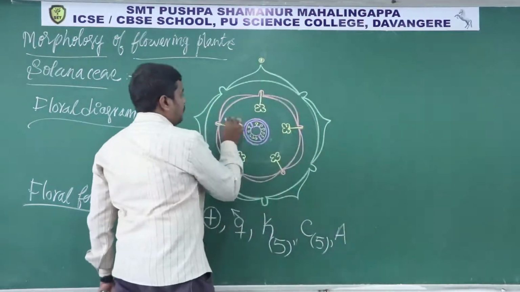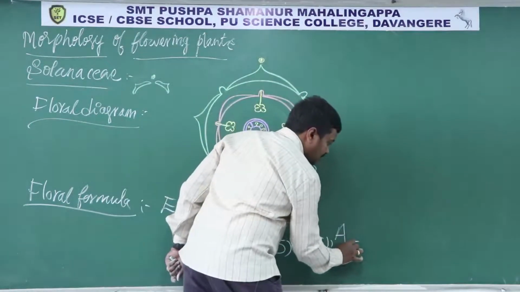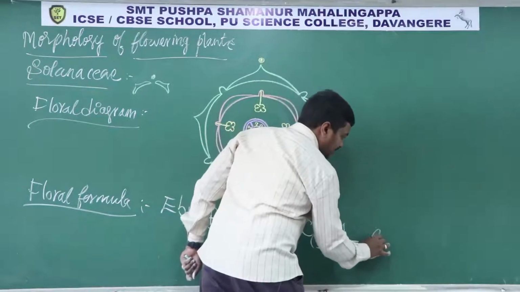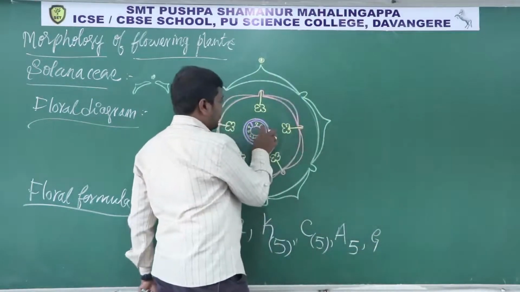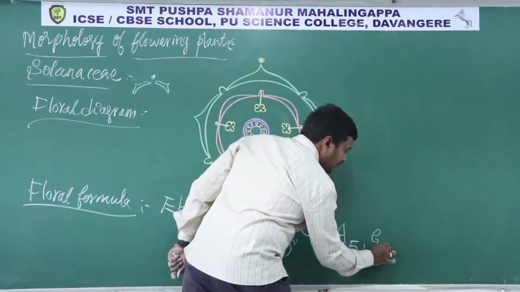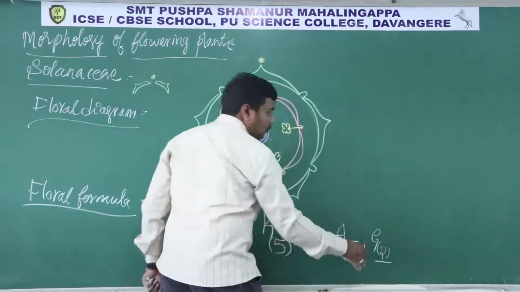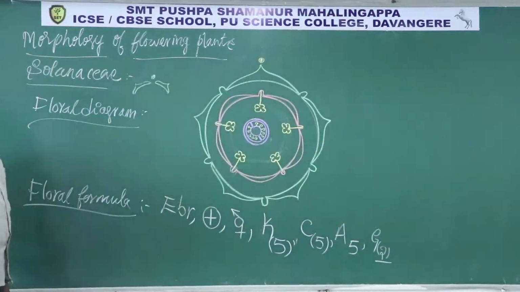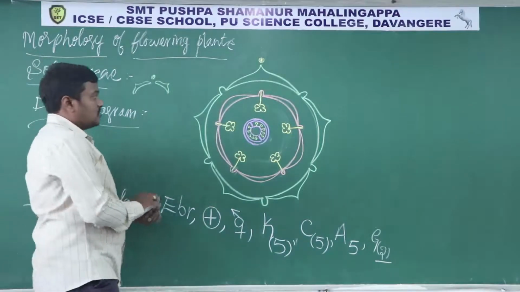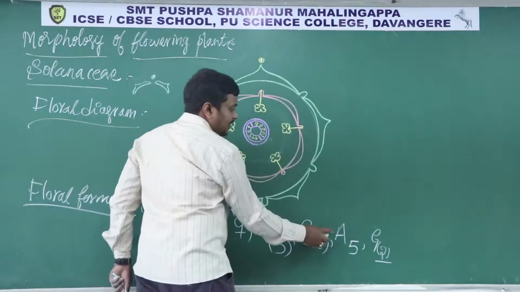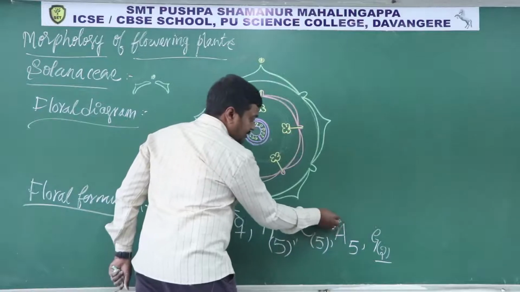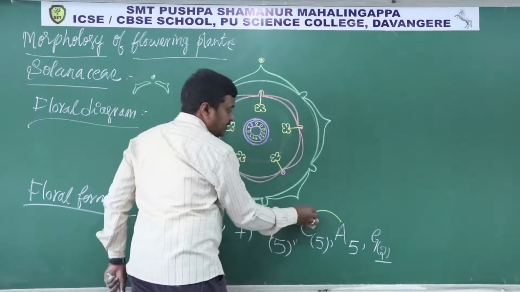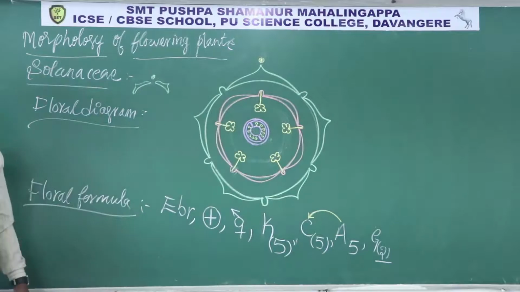Androecium 1 2 3 4 5, stamens 5. Then Gynoecium, 2 carpels, this one carpel, this one carpel, so 2 carpels, syncarpous, superior ovary. Along with that, Androecium has one peculiar character. So here Androecium is attached to petal, that can be shown by putting a bent arrow mark. Okay, so this is about the floral formula.